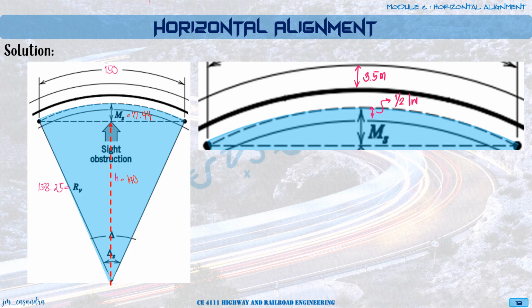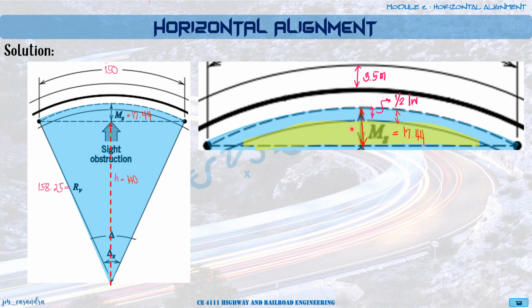So given now this value, M, which is 17.44, this distance is our 1/2 width of the lane. So what we are going to consider will be this shaded area, this yellow shaded area.